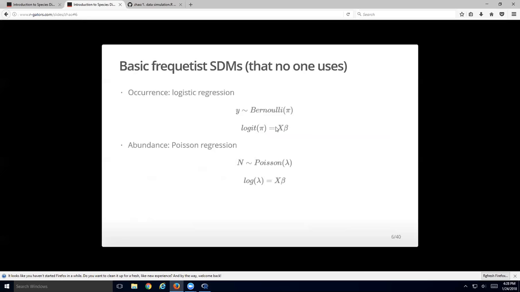And that makes it a species distribution model, but there is no real power or special thing in any of these models. At least that's my impression. I don't see any people still using this kind of model in the literature, but these are the most basic forms of species distribution models.